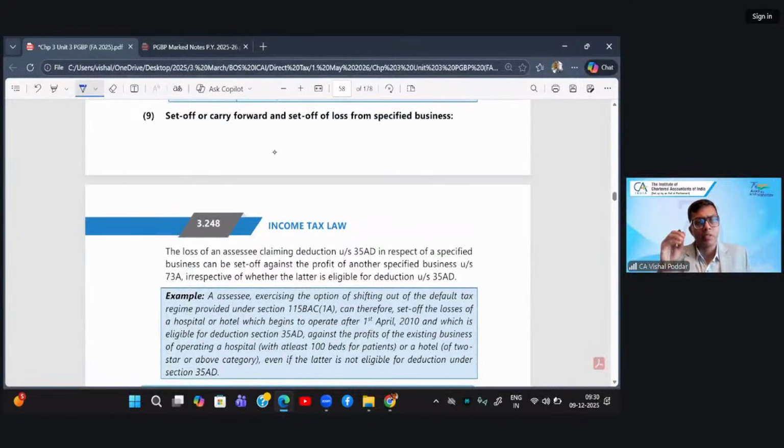Now, interestingly, if this business incurs a loss, again, in the set-off chapter you study that for the purpose of setting off the loss of 35AD business, that is the specified business, there are some specific restrictions. First, the most important restriction is that the loss you have under 35AD for the specified business can be set off only against specified business, not against any other business.